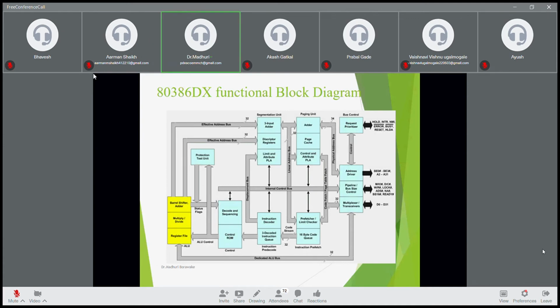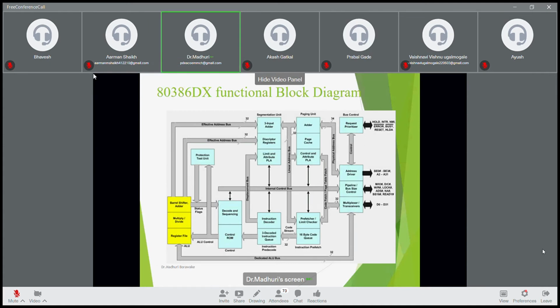In that they have two units, bus interface unit and execution unit. I already explained the function of each unit. Same thing, only a few features get added and the block diagram changes for the next version of the microprocessor. So this is the 386 microprocessor.